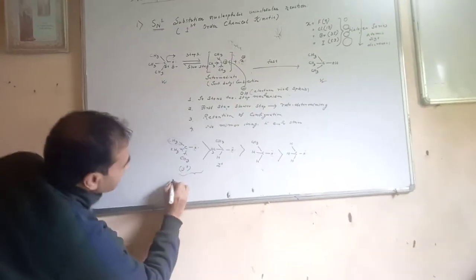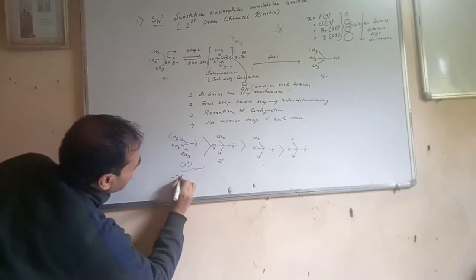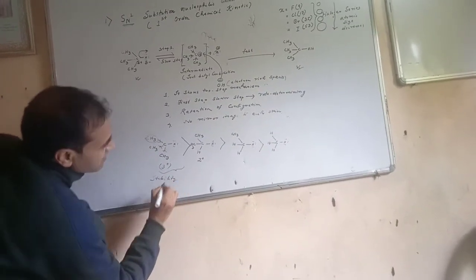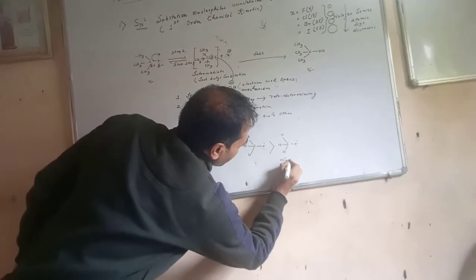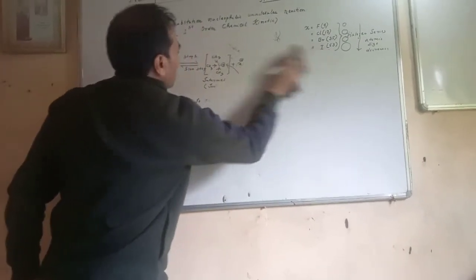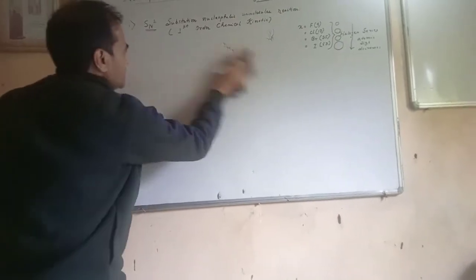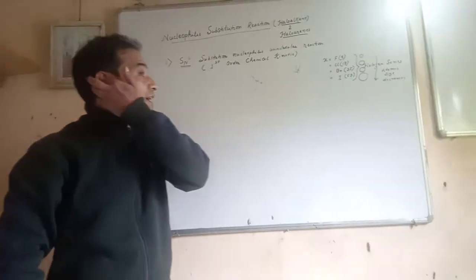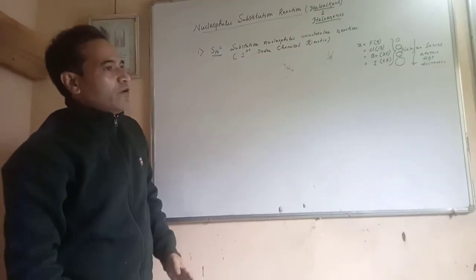So here the stability of the carbocation is much more, and here the stability is less. So these are the two reactions which we come across in unit 10 of haloalkanes and haloarenes.